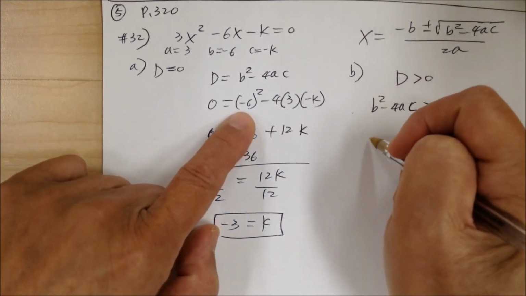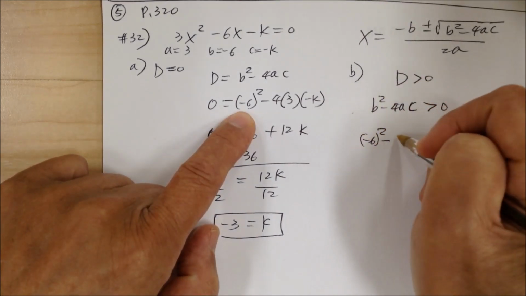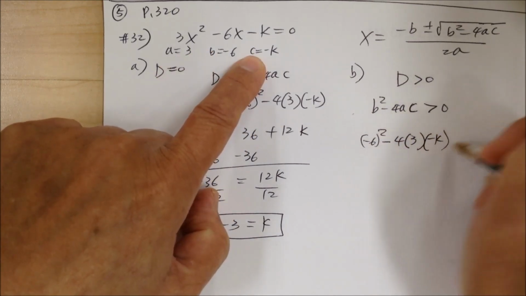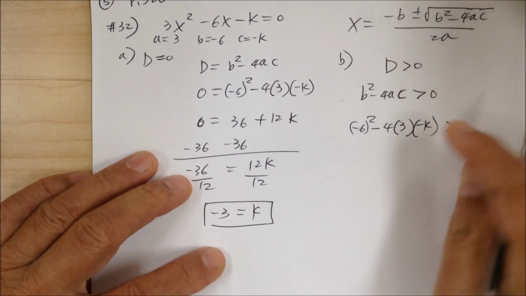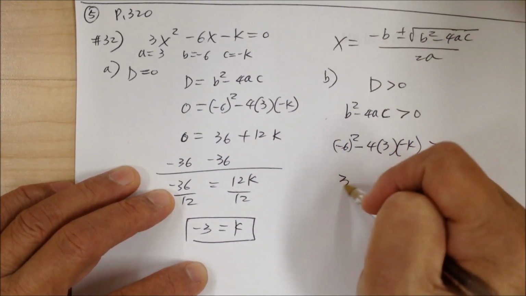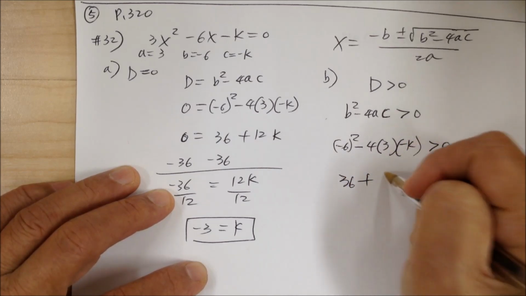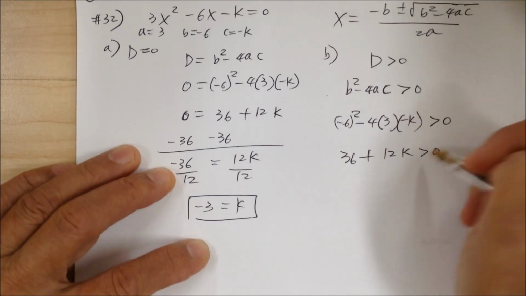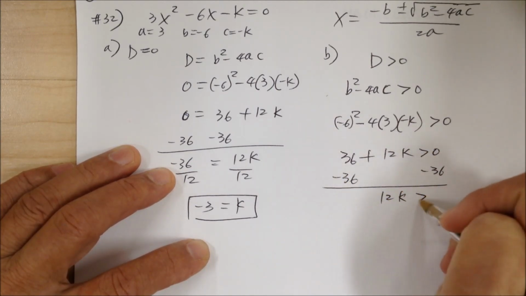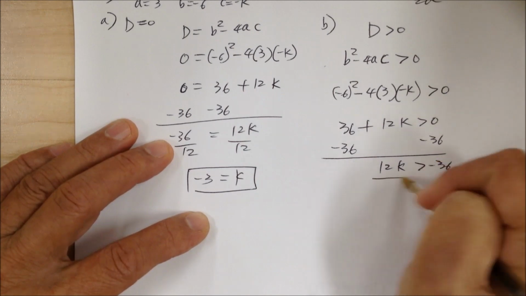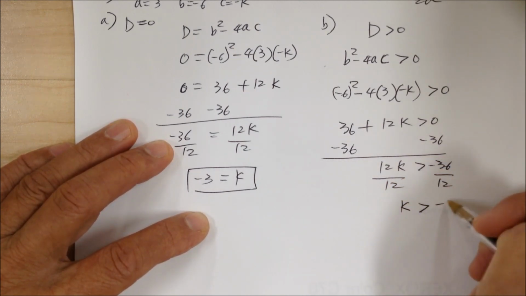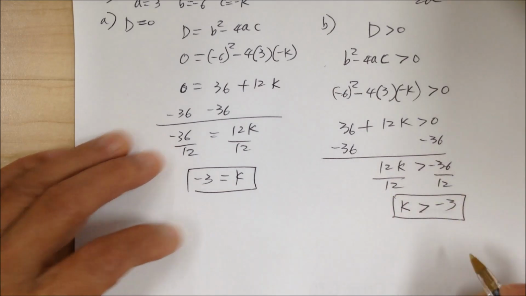So you got negative 6 squared minus 4ac is greater than 0. Okay? Again, to get real roots, the inside has to be greater than 0. Okay, so you got 36 plus 12k is greater than 0, minus 36, minus 36. So 12k is greater than negative 36, divide by 12, divide by 12. So k has to be greater than negative 3.